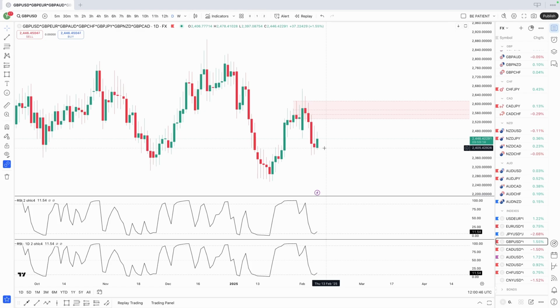However, the United Kingdom might be one of the countries in the G10 that may be least affected by the US tariffs. And the reason I say that is because Trump is targeting countries that have great deficits when it comes to their imports and exports. So countries like Canada, Mexico, the Eurozone, China.